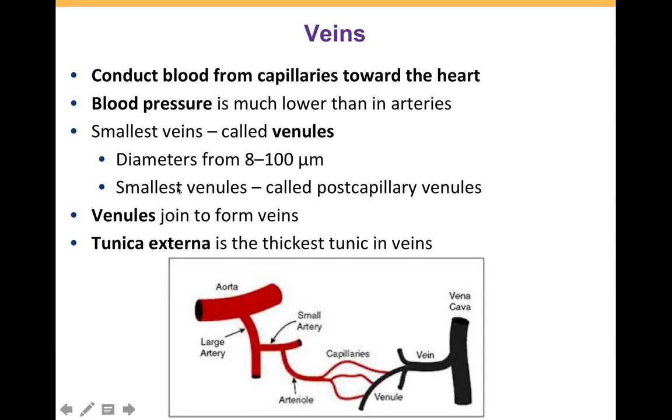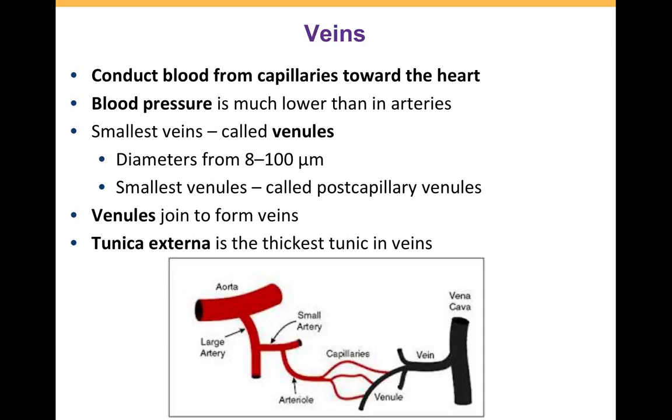But the reality is that the diameter of these blood vessels is larger than arterioles, because we learned earlier that veins typically have a larger lumen compared to arteries, and this is very clearly represented if you're comparing the diameter of arterioles, which are about 10 micrometers, to the diameters of venules, which are between 8 to 100 micrometers. As you can see, venules are definitely larger in diameter.